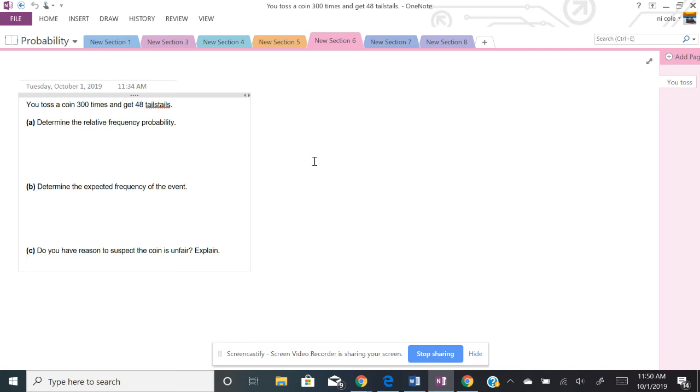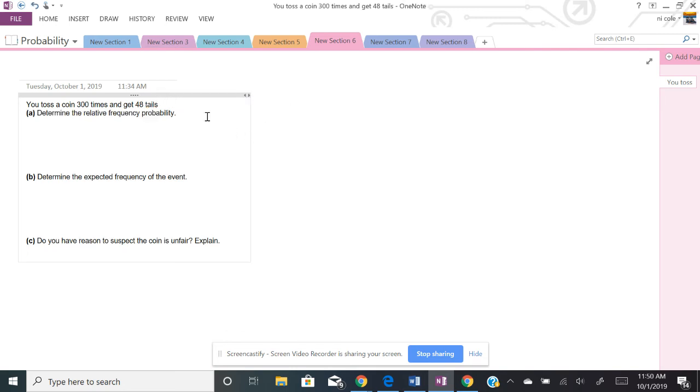Okay, you toss a coin 300 times and you get 48 tails. Determine the relative frequency of the probability. So the relative frequency is the number of times we had the tails divided by the total number of times we flipped the coin. So what is it? 48 divided by 300 is 0.16.